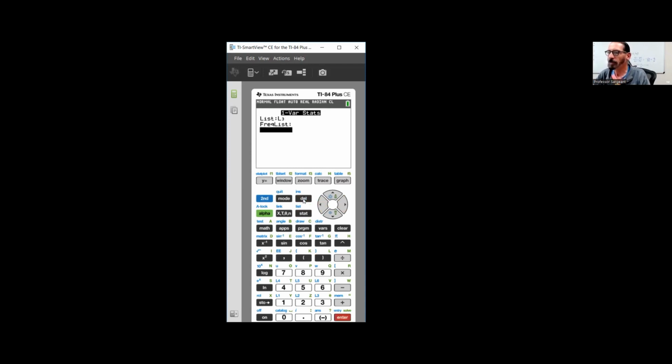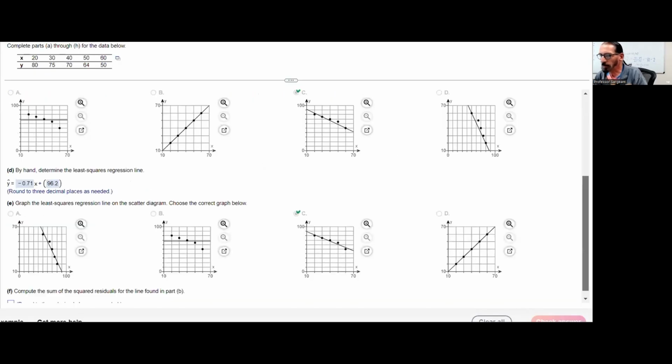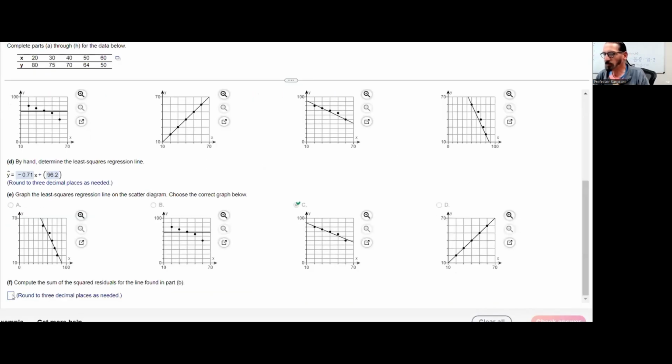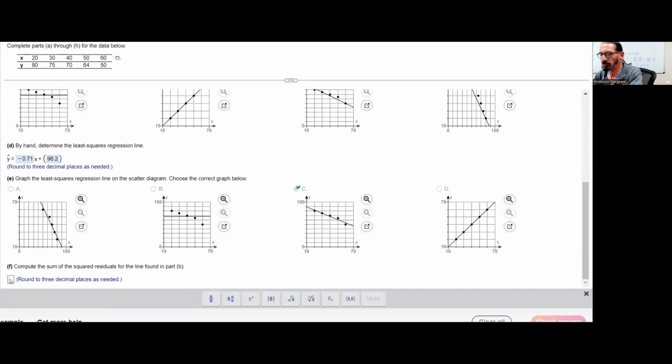There we go. That's 54.3 repeating. And let's see how they want that typed. So let's go back to my lab. 54.3 repeating, and they are letting us round to 3 places. That would round down.